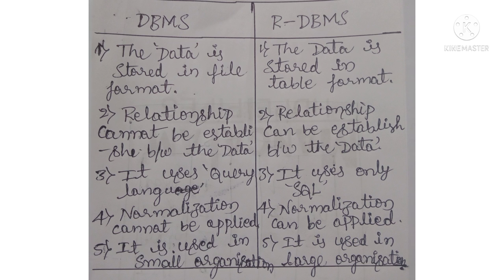DBMS uses any query languages. R-DBMS uses only the SQL query language. Normalization cannot be applied in DBMS. Normalization can be applied in R-DBMS. DBMS is used in smaller organizations. R-DBMS is used in large organizations.